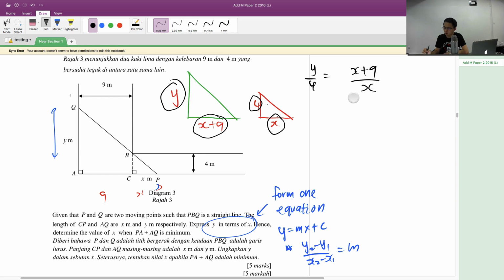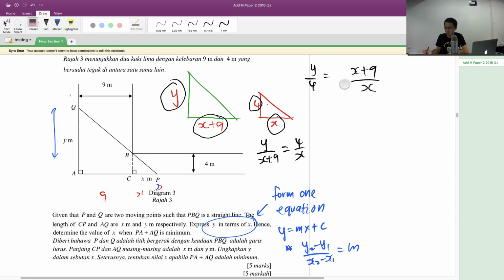And you might worry if you form the equation the other way around. Okay, you can say something like this: y over x plus 9 equals 4 over x. But both will actually give you the same equation. Just imagine if both of these can switch place, because they are equal, you'll get back the same thing. So you don't need to worry about how you form this equation.